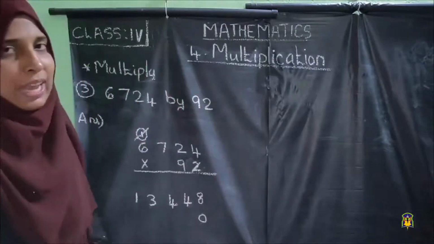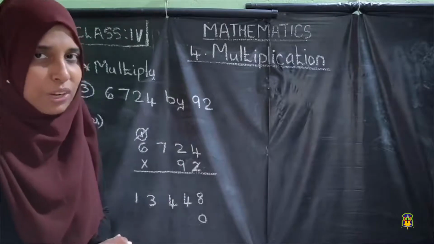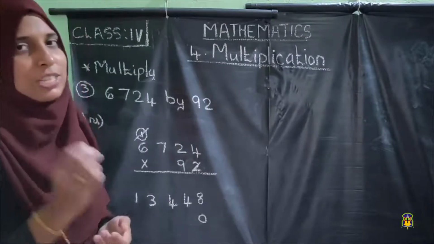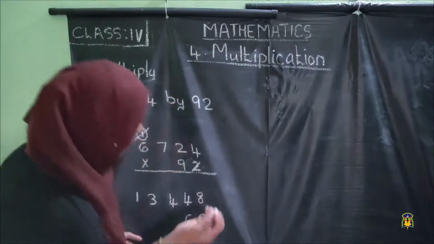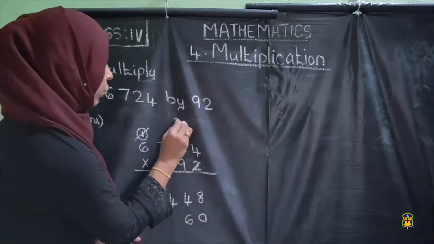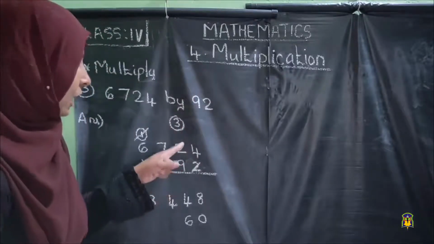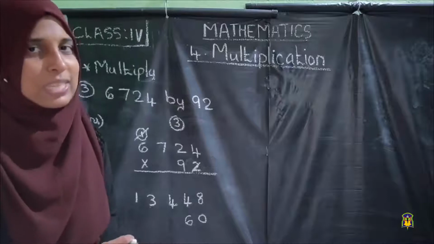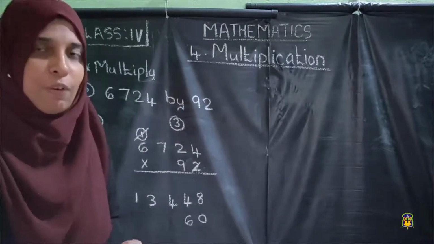Next we can multiply. What is 9 into 4? 9 into 4 is 36. So in 36, we want to write 6 below the tens place and 3 as carryover above the next place. Then what is 9 into 2? 9 into 2 is 18. 18 plus 3 is 21.